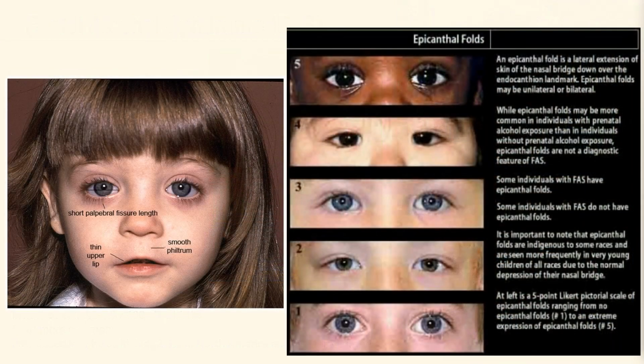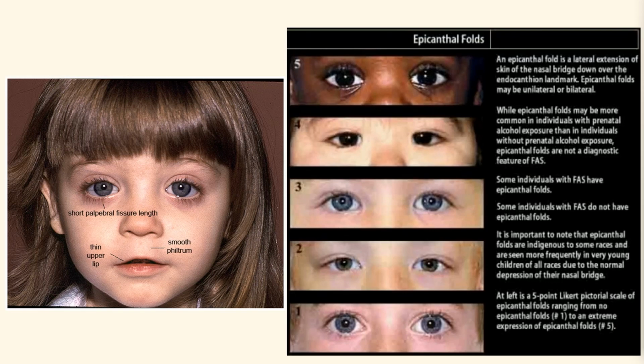So we've mentioned epicanthal folds as an indication of fetal alcohol syndrome, but what are they? Well, these folds are present in the lateral extension of the skin of the nose around the inside corner of the eye. These can often be graded in severity from 1 to 5. On these images on the right, we can see the least severe at the bottom, sliding up to 5 points at the top, where the epicanthal folds almost appear like severe bags under the eyes.